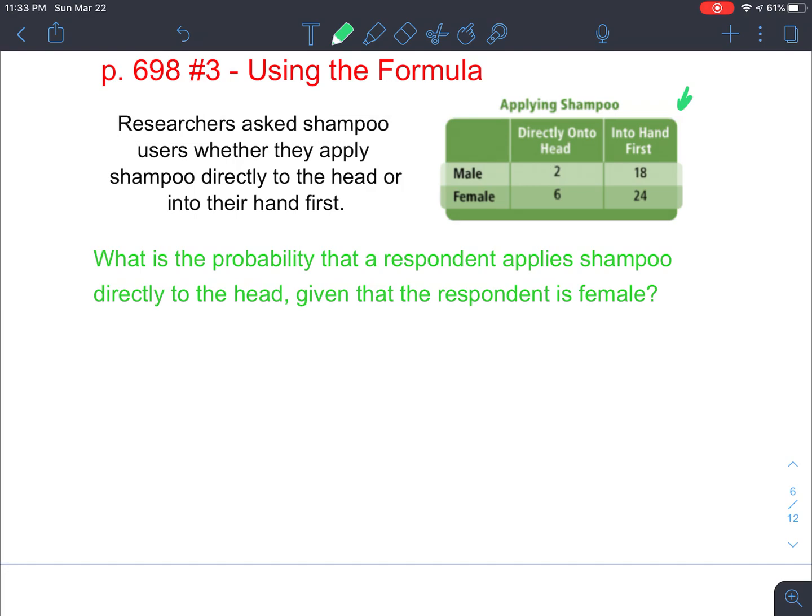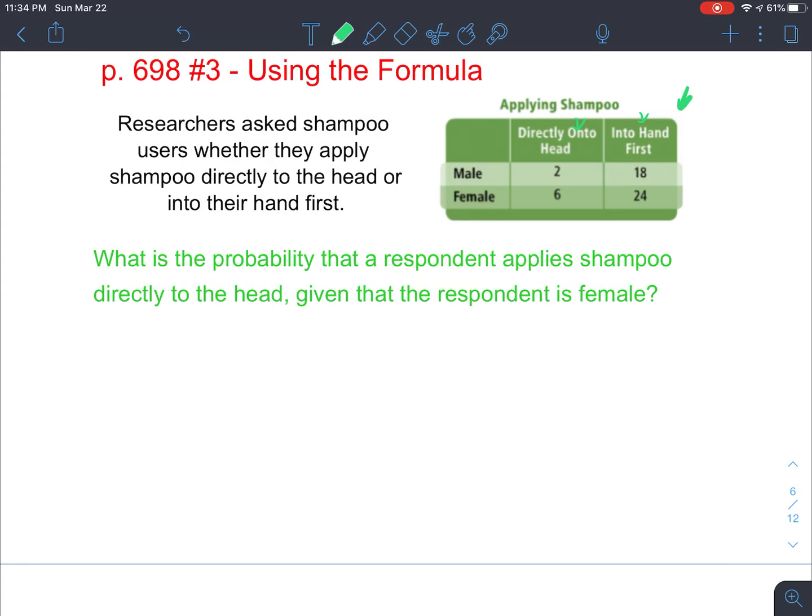So we see the table, right? You're either male or female, so they're asking your gender, and then they ask you directly onto the head or into the hand first. The question they want to answer is, what is the probability that a respondent applies shampoo directly to the head given that the respondent is female?